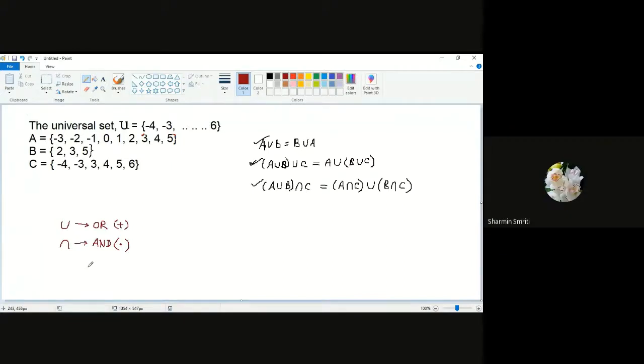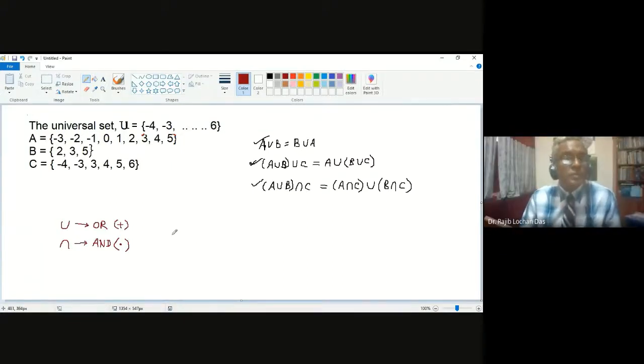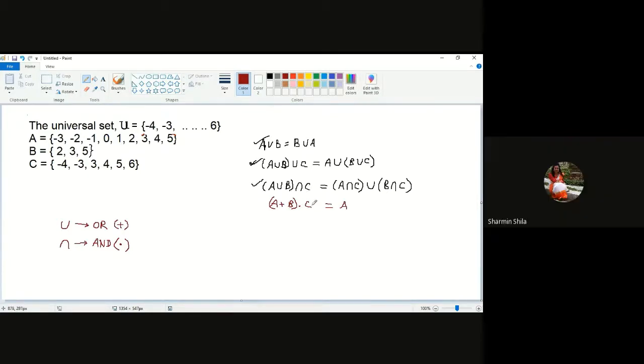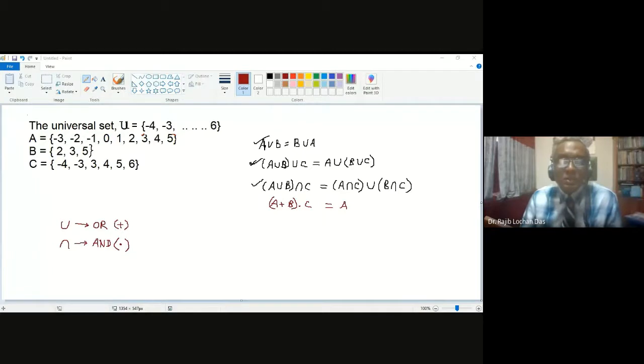Yes, sir. So if you think about this now, A plus B in bracket into C, then what will you write? So A into C plus B into C. Union is plus. So AC plus BC, isn't it?